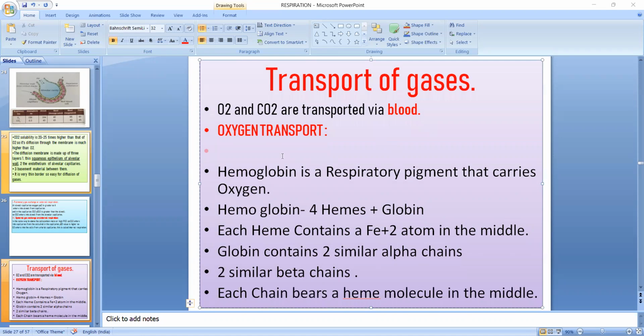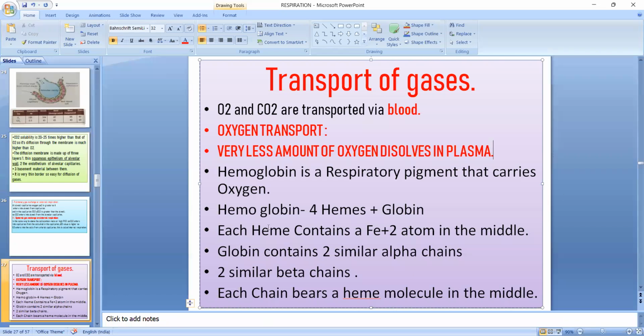just a very less amount of oxygen dissolves in blood plasma. So its solubility is very less.